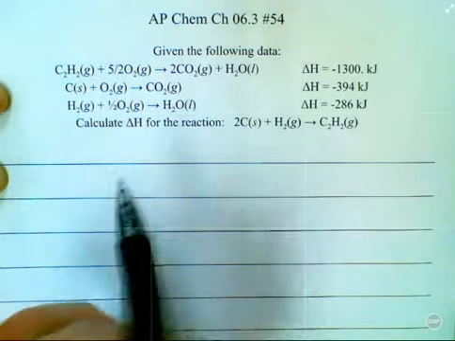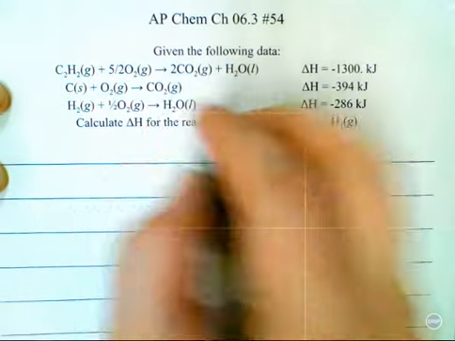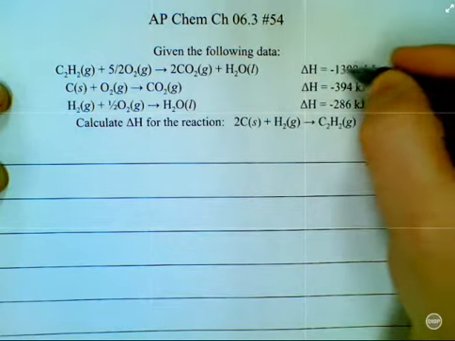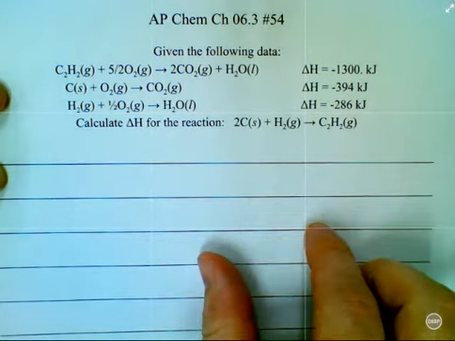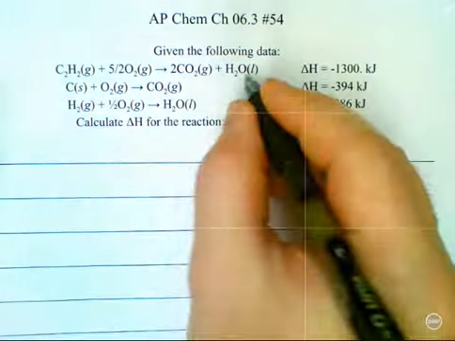So what do I have to do? I have to flip the equation. So I'm actually going to draw the reverse reaction of this, and I will have to take the positive value of this delta H as I use it later. So let's go ahead and draw that, the reverse reaction here.